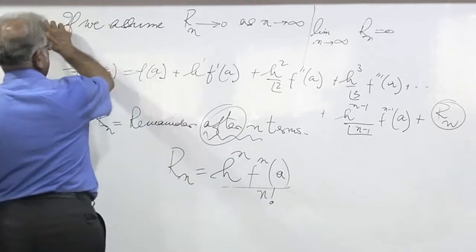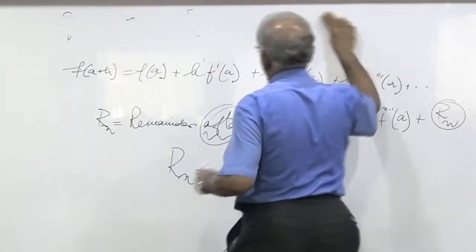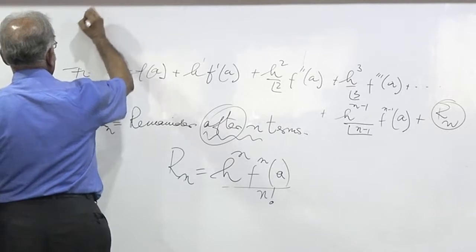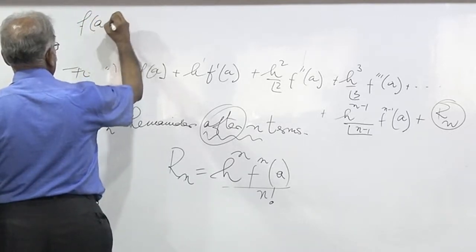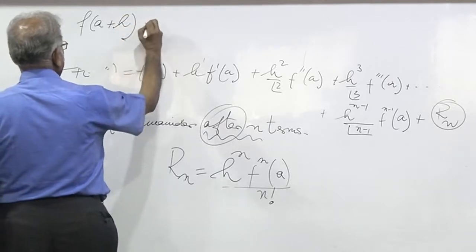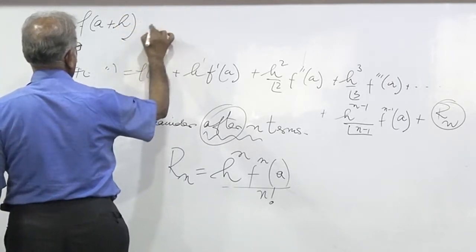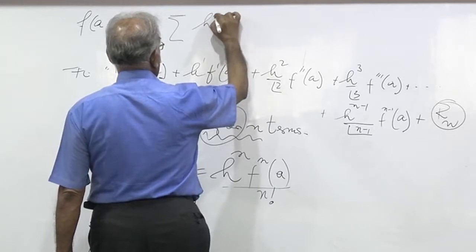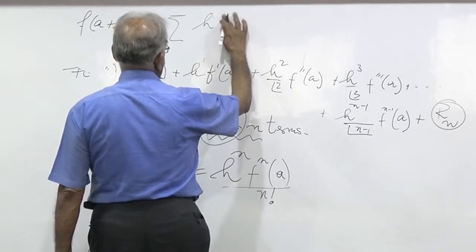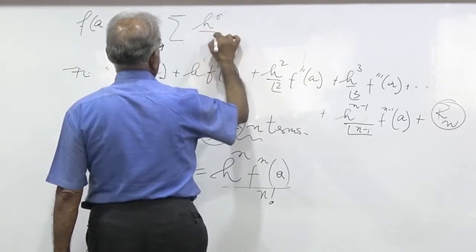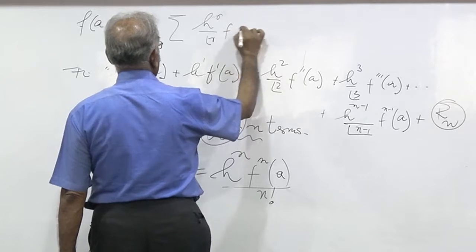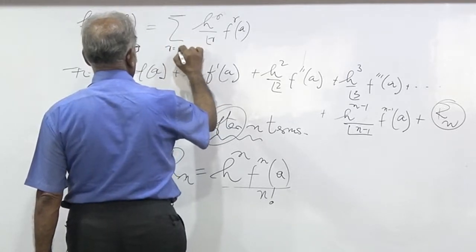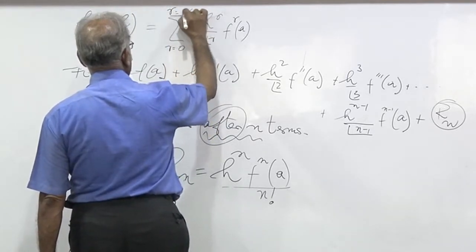The infinite form we write, I will compact it to a sigma form: f(a+h) is equal to the sum of h^r by factorial r, f^(r)(a), with r starting from 0 and going to infinity.